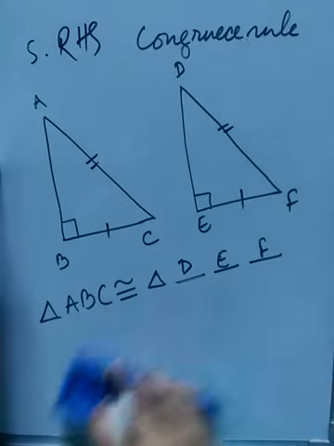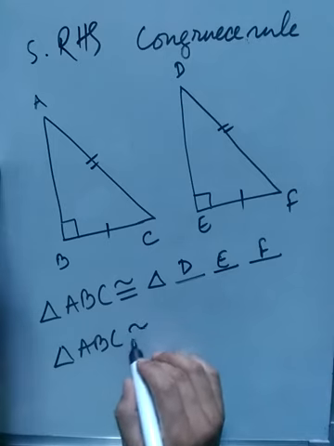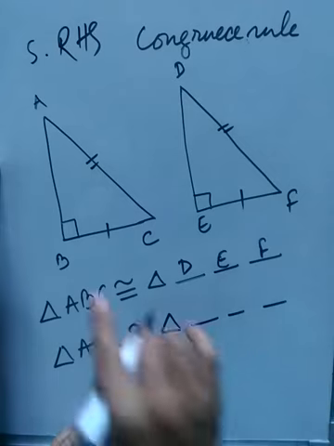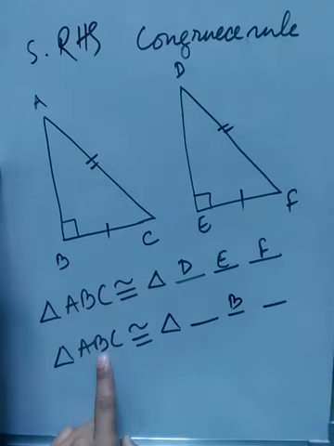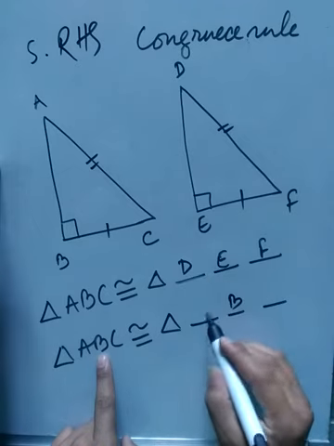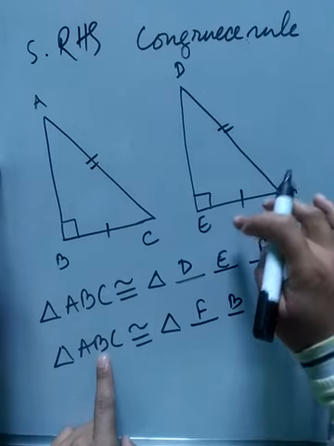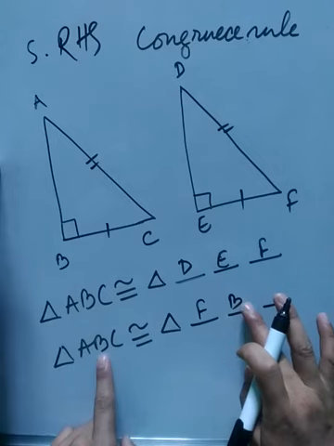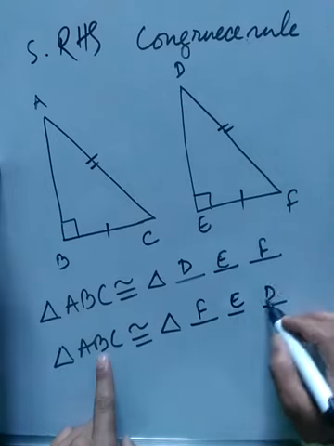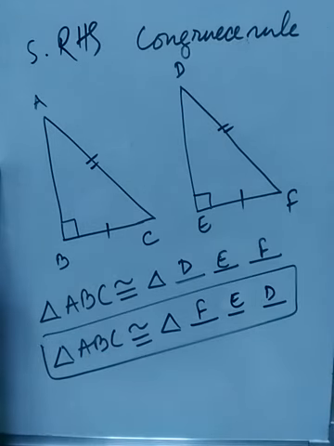Okay, let me tell you one more here. If you write here triangle ABC, sorry, congruent to triangle. Okay, angle B is 90, fine. So let me write here angle B, and instead of writing D at the first, let me write here F. Sorry, I mean E here, F E, then here D. Let us check whether it follows the order or not.